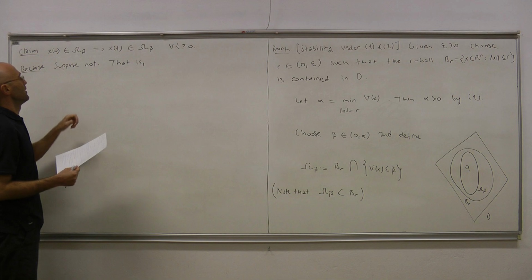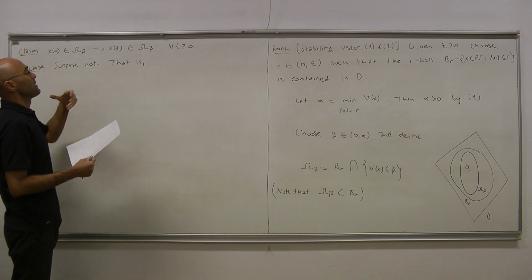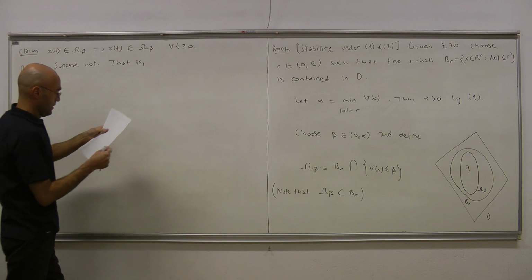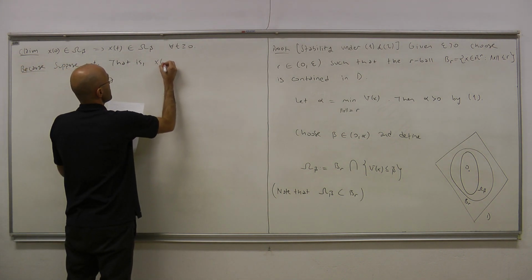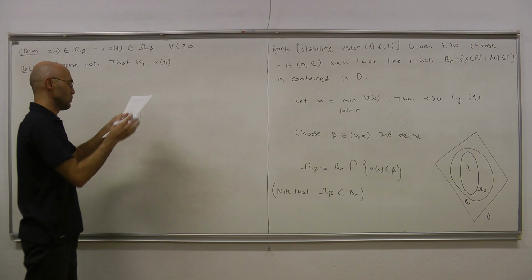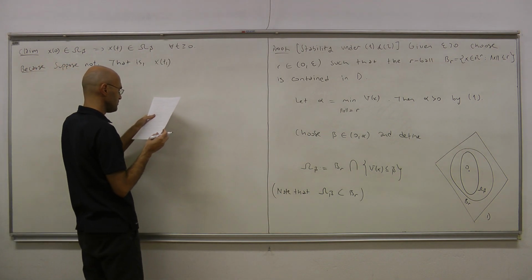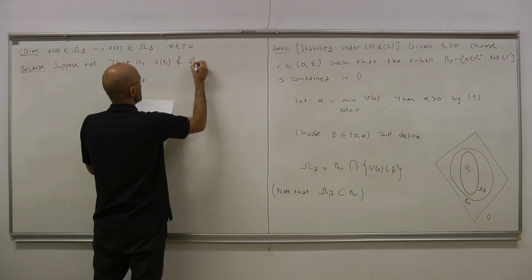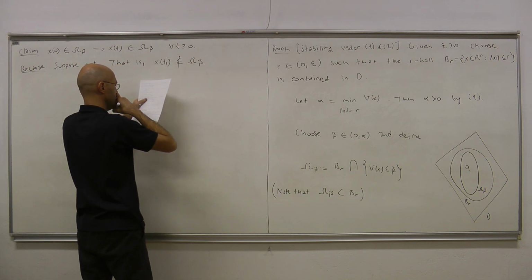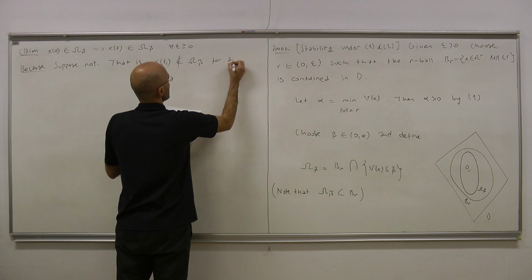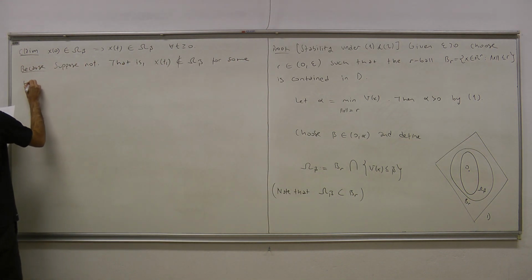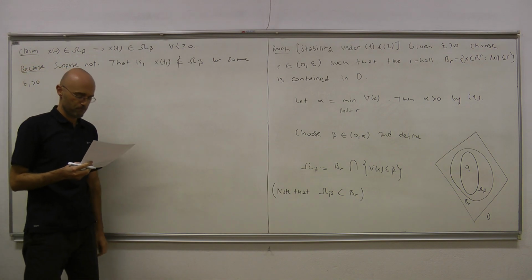That's what has to be true if this claim is false. That is, for some t1 greater than 0 and for some initial condition x0, x of t1 does not belong to omega beta.